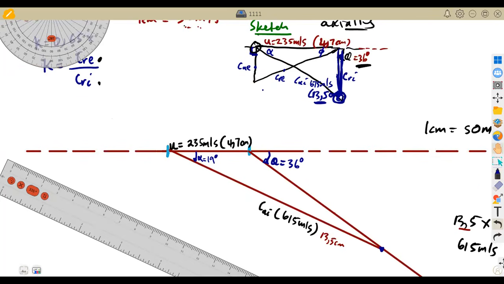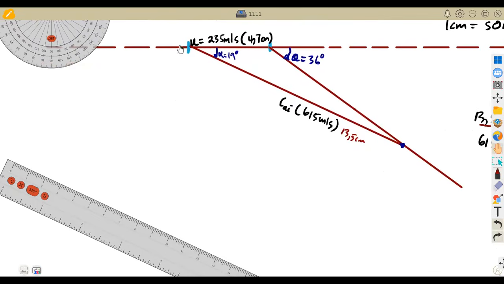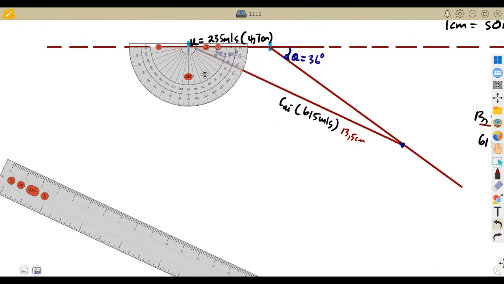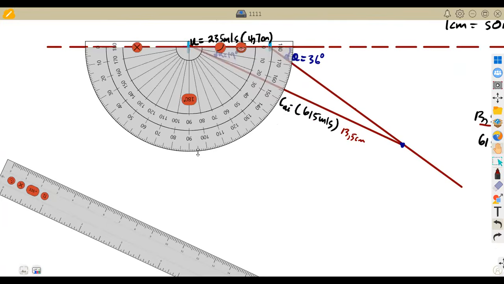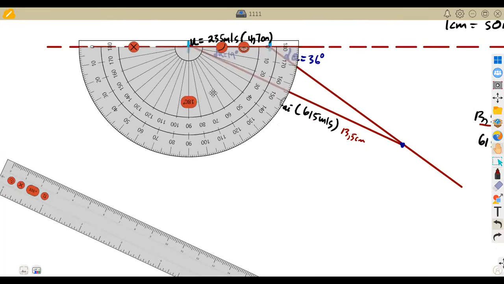As we can see from our sketch, from this point up to here along the exit, we are moving at 90 degrees. So meaning to say, we are going to construct 90 degrees at this point. So 90 degrees, it's simply placed at this point here. So 90 degrees, that's direct straight along this line here. This is our 90 degrees.